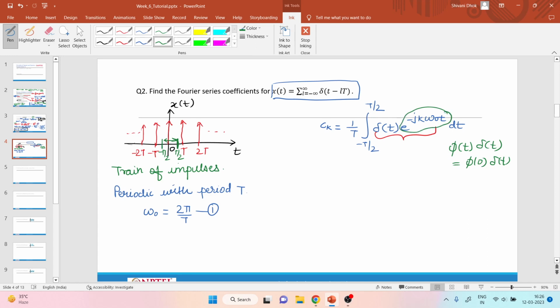So now I can simply replace this t by 0. So what I have is 1 by T integral from minus T by 2 to T by 2 delta t e power minus j k omega naught 0 dt. This factor here is equal to 1, so I can just simply ignore it.